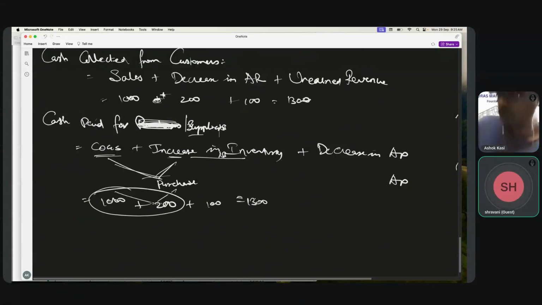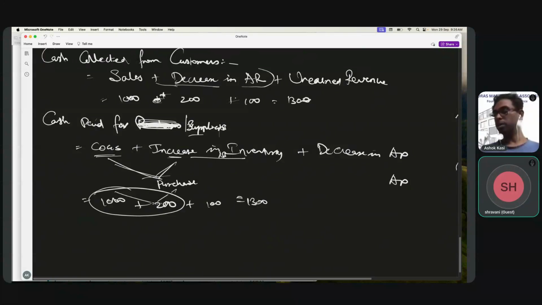Sir, in cash collected from customers, increase in accounts receivable, it would be plus, right? Why would it be minus? If it's increased, it will be minus. Because when accounts receivable is going up, that means you have not collected.